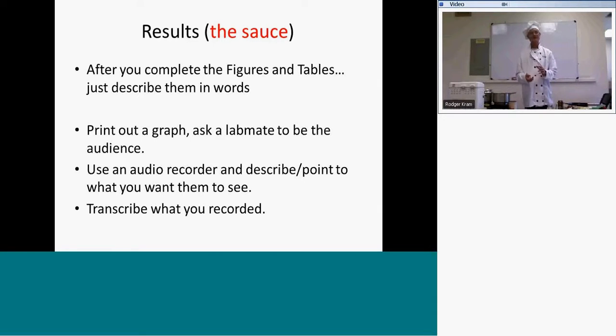Turn some sort of audio recorder on and put it casually on the table so that you're not thinking about it. Just try to describe what you want your lab mate to see in that graph. Sometimes you verbalize it very clearly when you are using your fingers to point to certain things, and it can take a lot of time. After you do that for that figure, you transcribe what you recorded into text, of course.